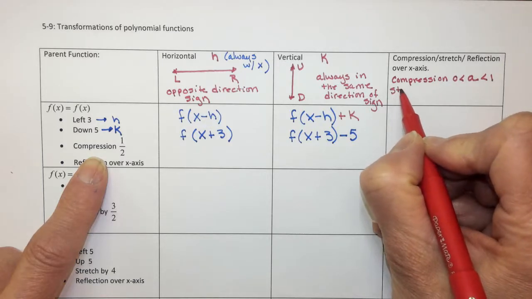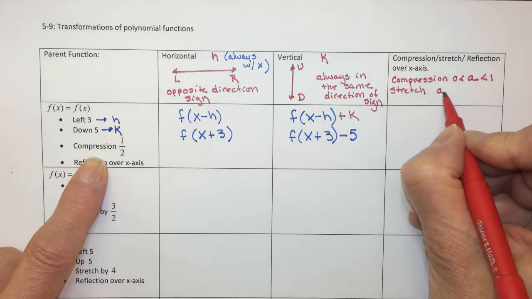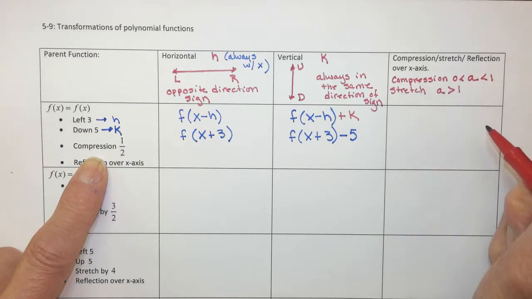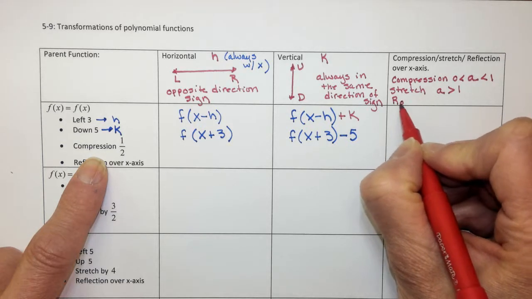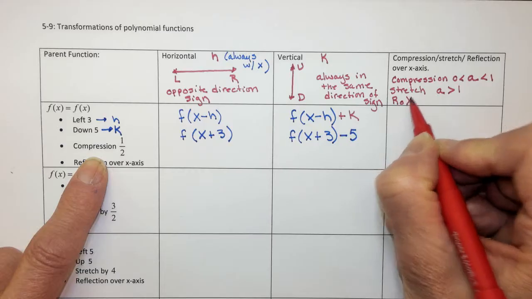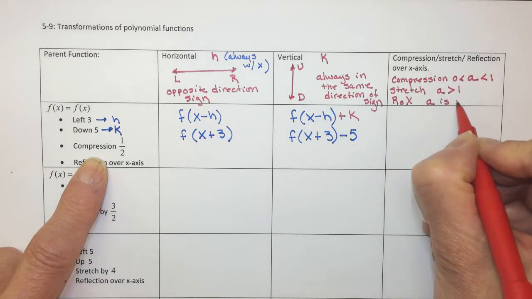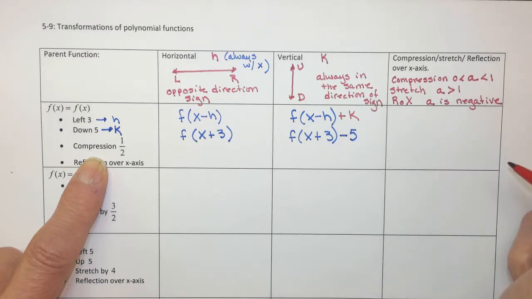A stretch is some number a that is bigger than 1. And a reflection over the x-axis, which I'm going to abbreviate ROX, is when a is negative.